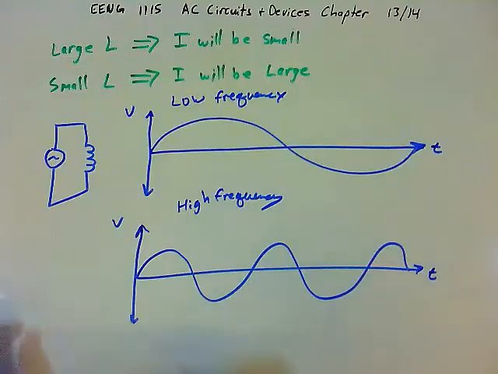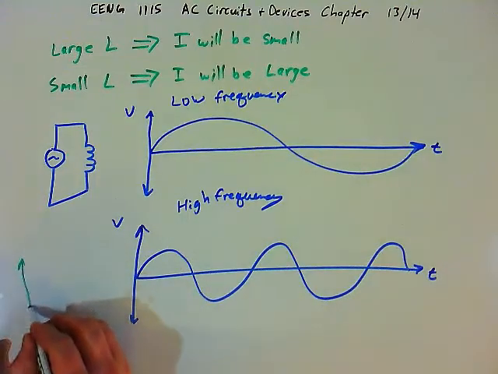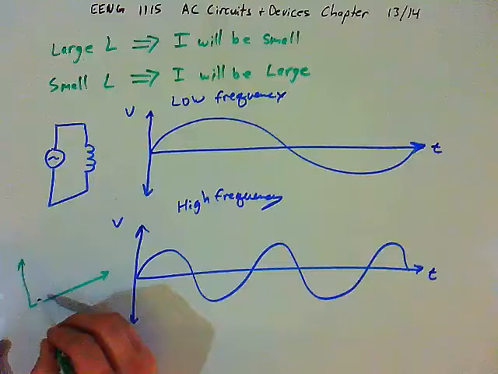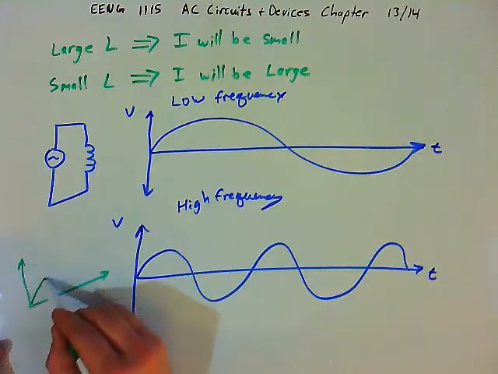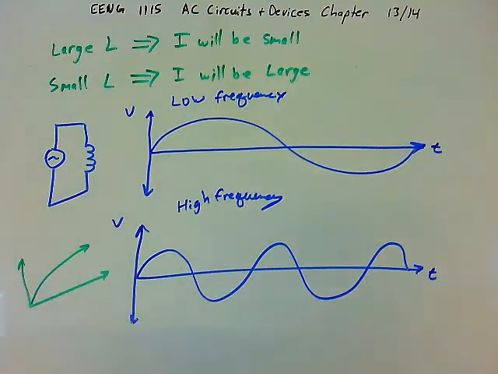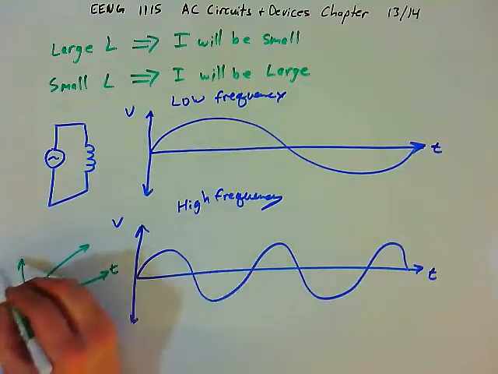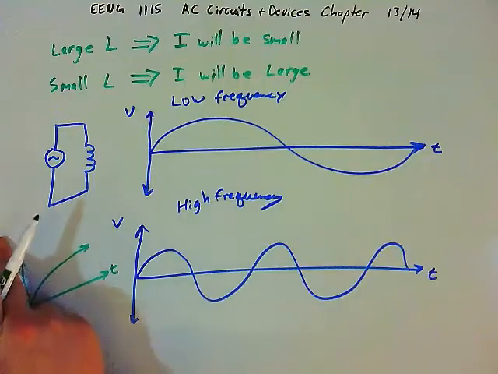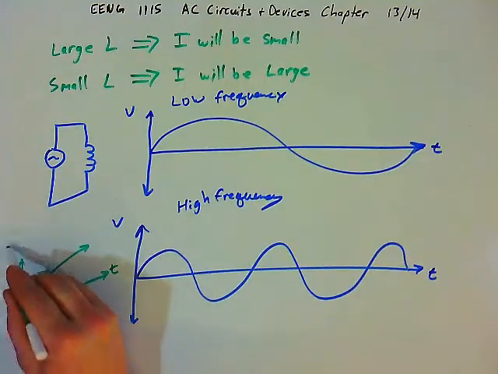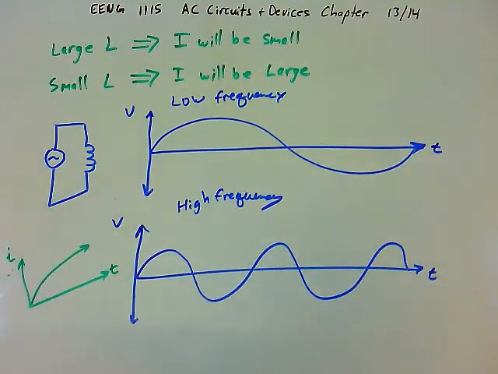And so let's say that we have inductance. When the voltage is switched, the current rises gradually, right? So this is time. This is the amount of current that is flowing, or instantaneous current, maybe I should say. Instantaneous current. And so it takes time for the current to rise.